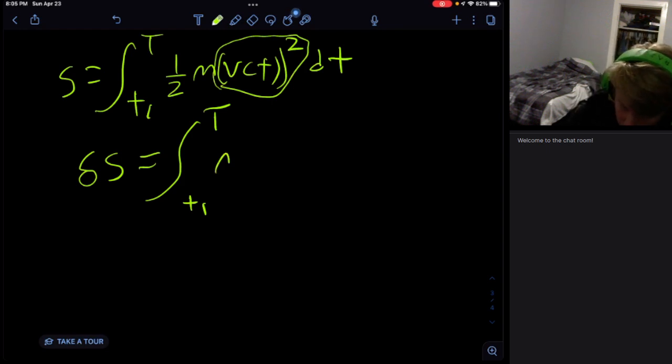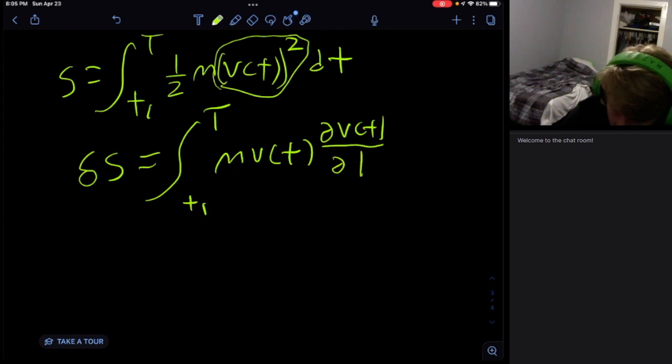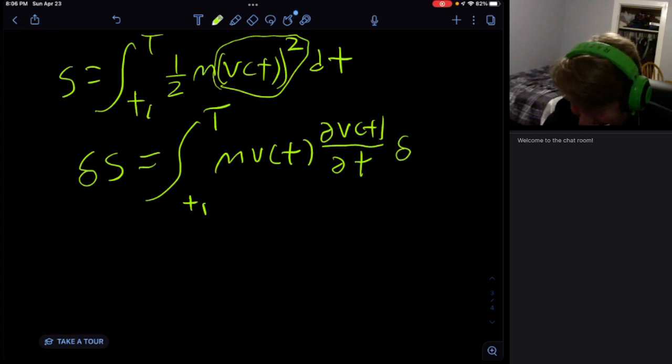So we end up with mass times v of t, then times the partial derivative of v of t with respect to t, the variation of... Wait a minute. Uh-oh. I'm thinking here. I feel like we may have made a bit of an error, but I don't think it'll be that big of a deal.